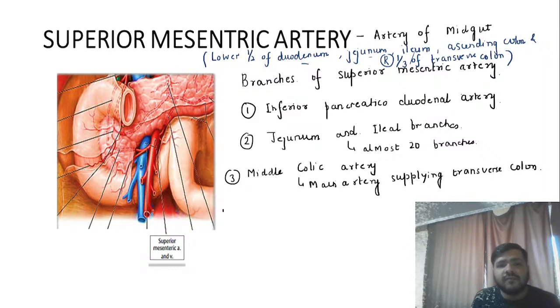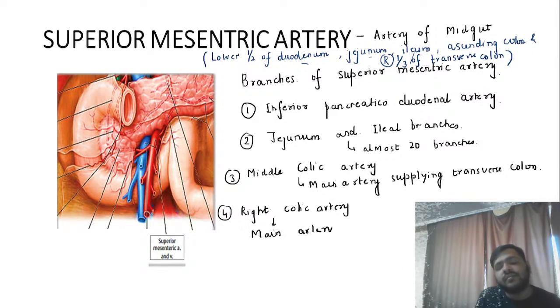Then we have the right colic artery. It is the main artery supplying the ascending colon.